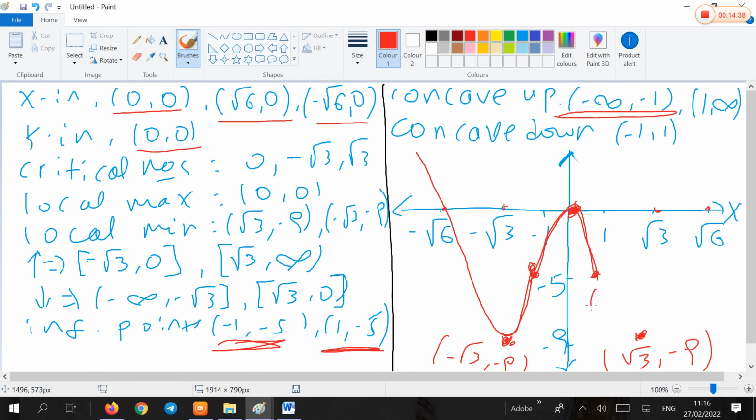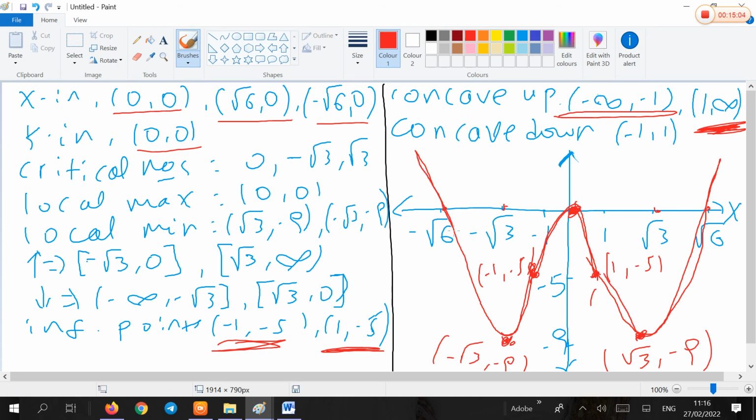Then you will have another inflection point, which is 1, negative 5. The graph is concave upward from 1 up to positive infinity.